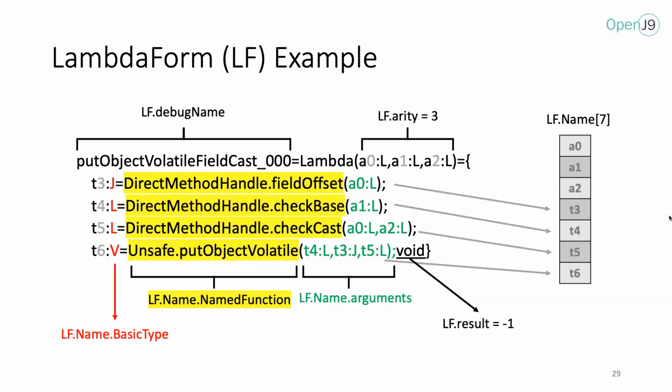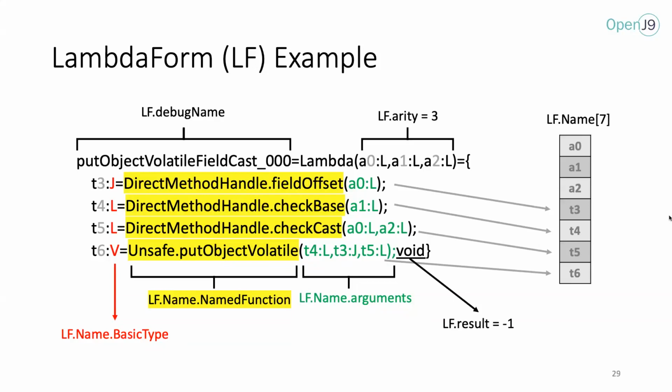Name is a class, and it represents an expression. In this case, on the right-hand side, there are 7 elements in the name array. The first 3 are the arguments, and the last 4 are temporary elements or expressions which would need to be evaluated. These expressions are, for instance, T3, T4, T5, T6.